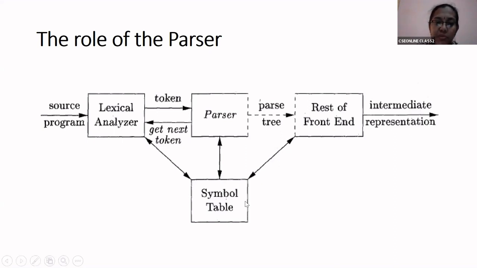In the meantime, it is also checking the symbol table. I think even the concept of the symbol table was explained to you by ma'am. Just remember the role of the parser: it takes the tokens, constructs the parse tree, and passes it on to the rest of the phases of the compiler, along with checking for the errors.